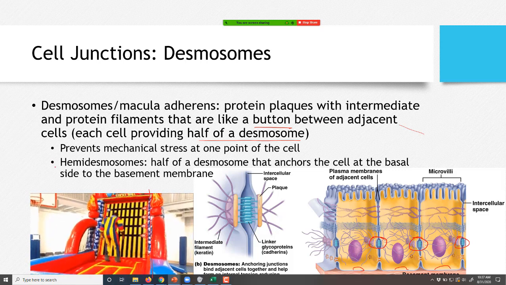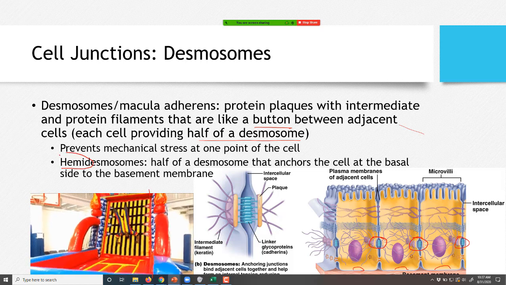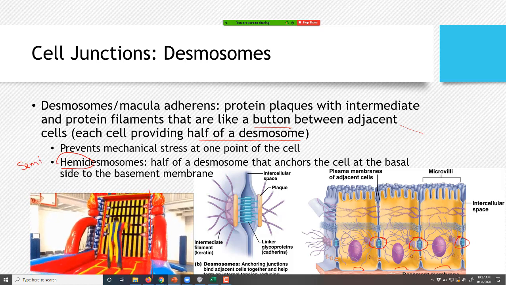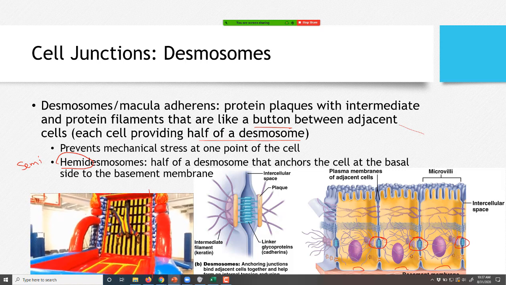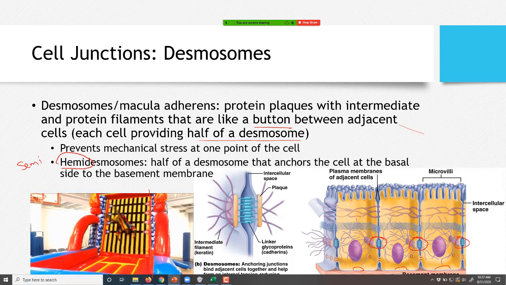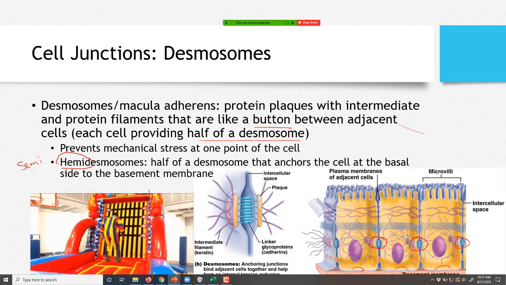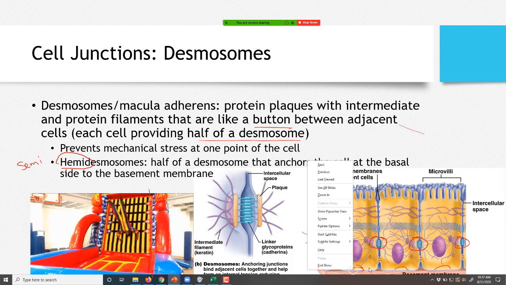So like I said, there are hemidesmosomes as well. Hemi is kind of like semi. It means not totally, it's like half. So this is a half desmosome, like the one that I was telling you about on the base here.